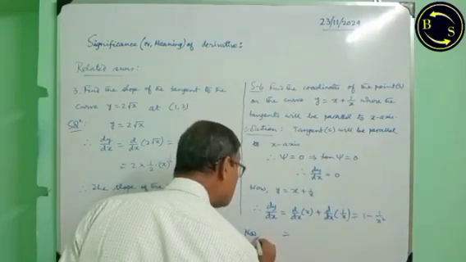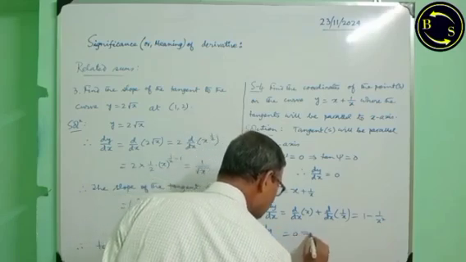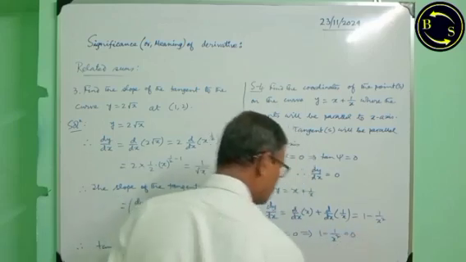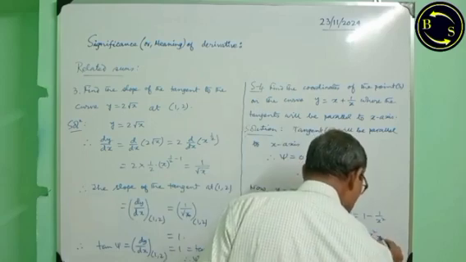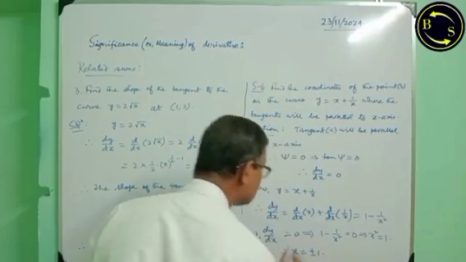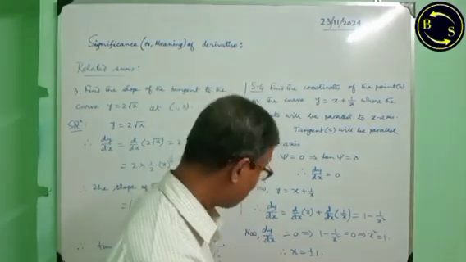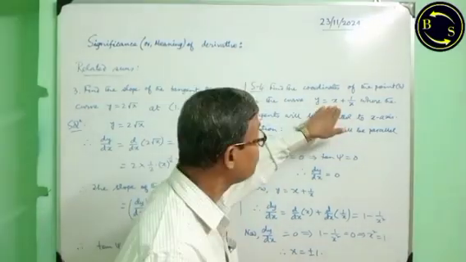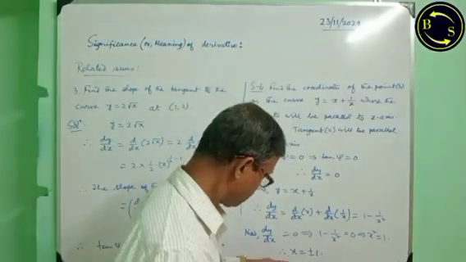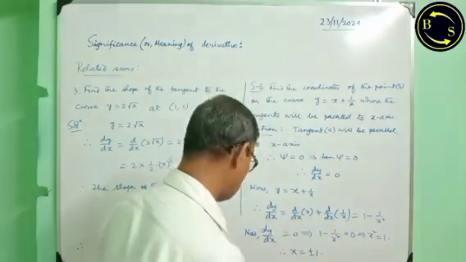Now, dy/dx is equal to 0, which implies 1 minus 1 by x square equal to 0. From that, x square equal to 1. Therefore, x is equal to plus minus 1. Therefore, at 2 points, the tangents to this curve will be parallel to the x-axis. For one, x will be 1, and for the other, x will be minus 1.